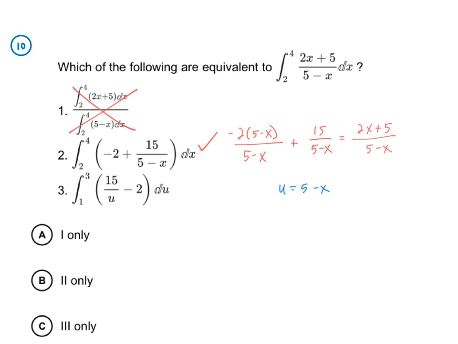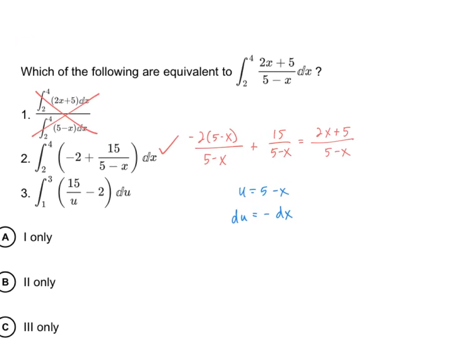If we make that 5 minus x, that means du is negative dx. And then if we kind of rewrite this, this is x equals 5 minus u.